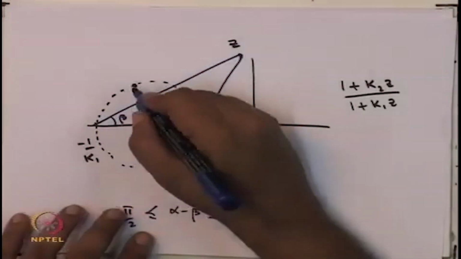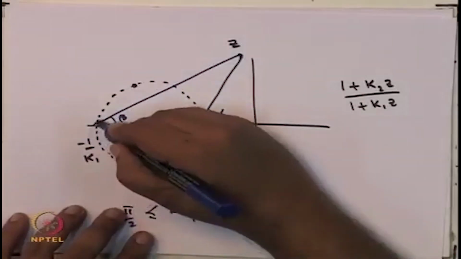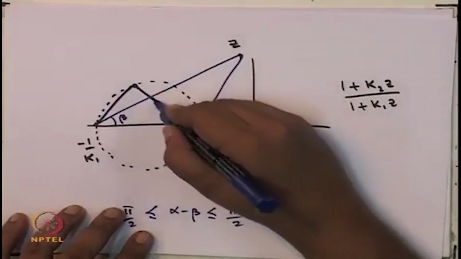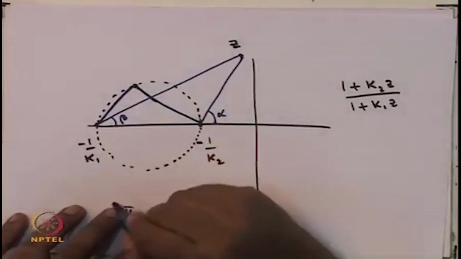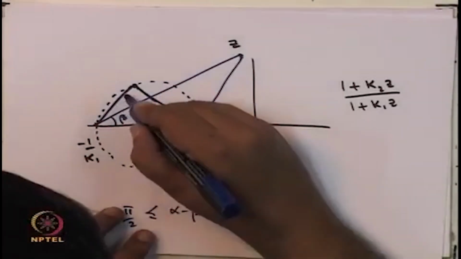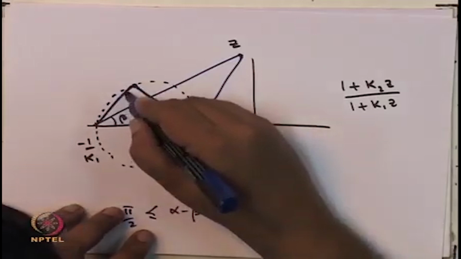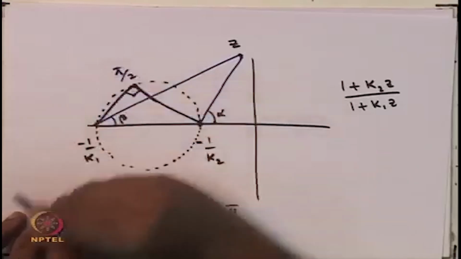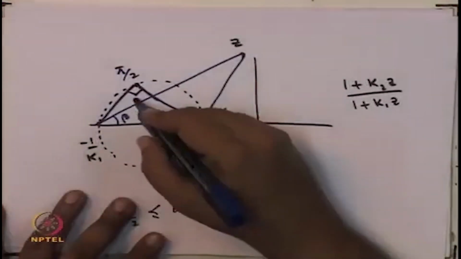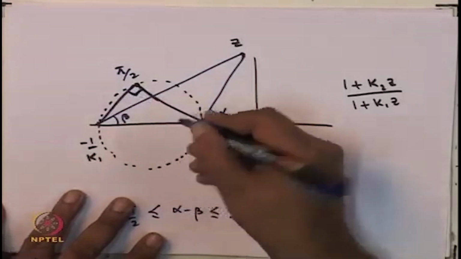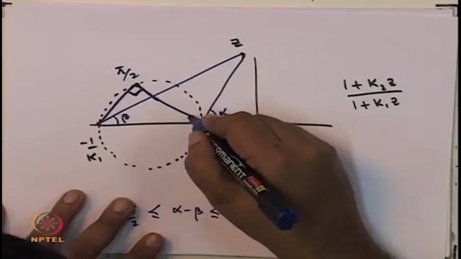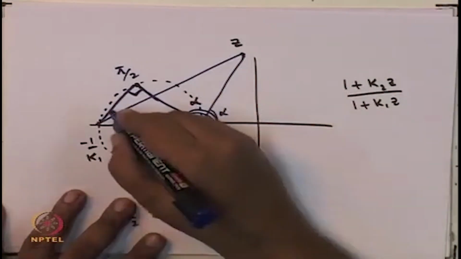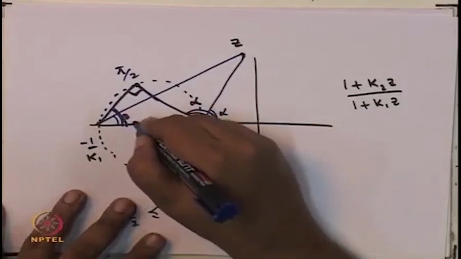And if you take any point on the circle and you look at these two lines, okay, then in high school you would have learned that the angle subtended by these two, this angle here, is pi by 2. Okay. Now, if this angle is pi by 2, then what can we say about this particular angle alpha minus this particular angle beta?